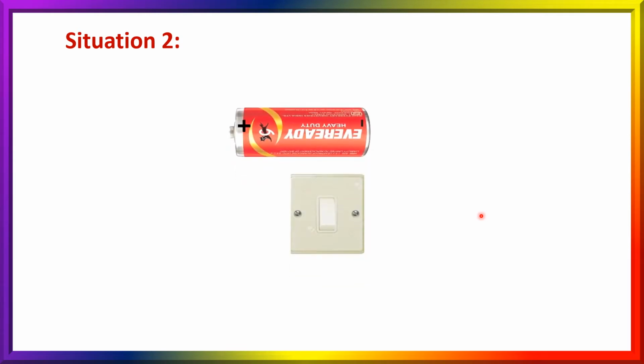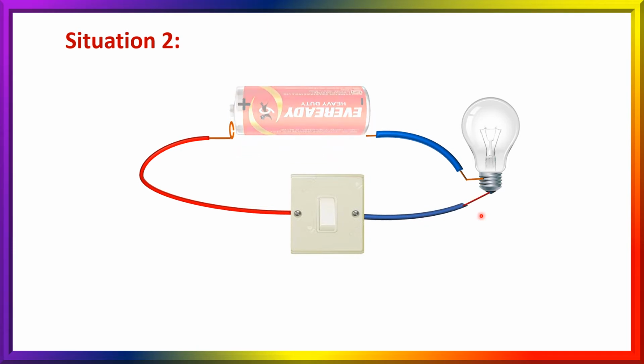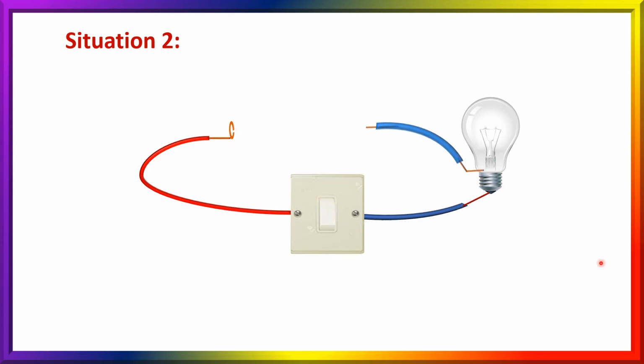Now situation 2. In this situation, what I am going to do is remove the battery. This is the circuit we have made earlier. Now I have removed the battery. I will connect the remaining components to complete the circuit. Here I am going to connect a wire.